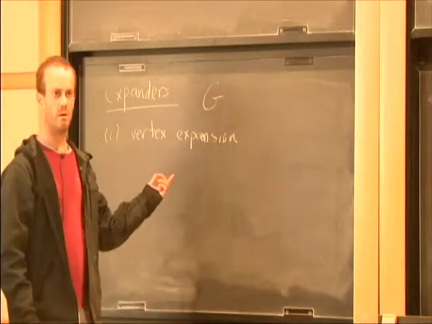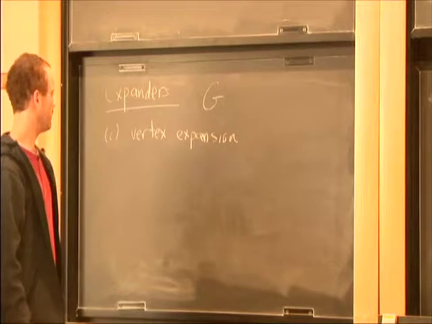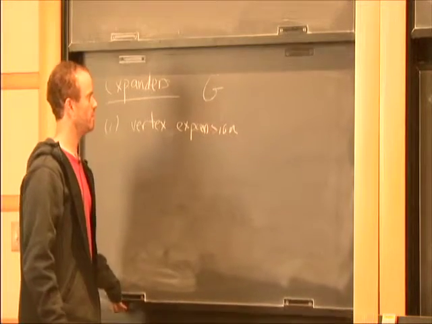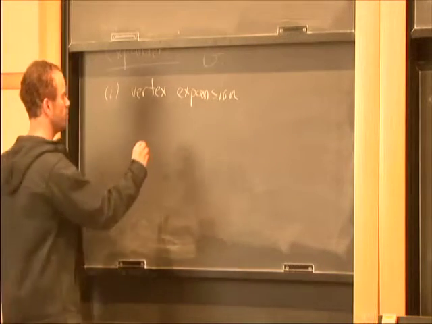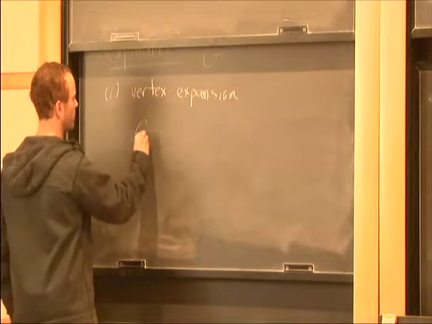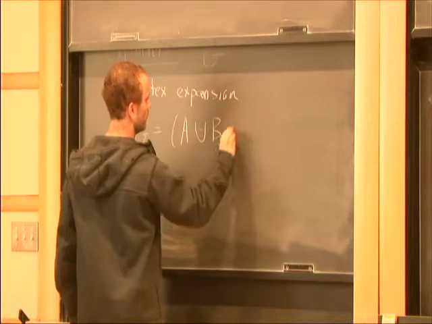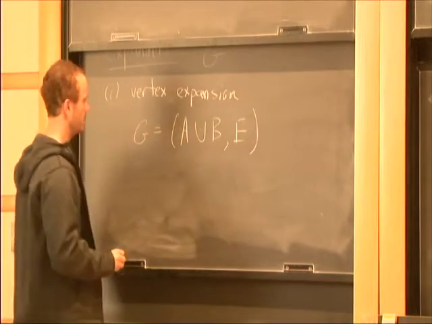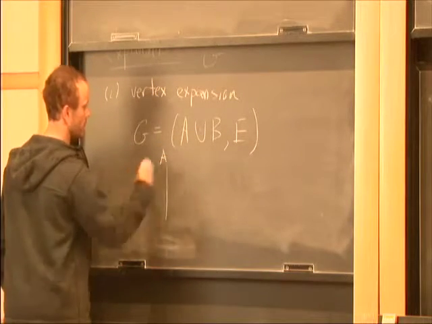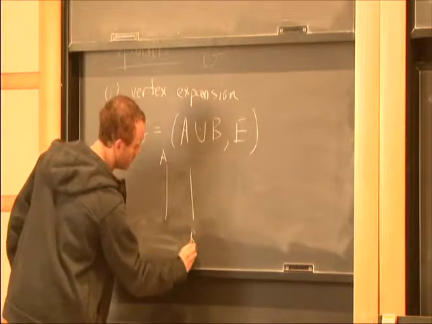I will explain what it is in the bipartite case. A vertex expander is a graph with 2 color classes, a bipartite graph. So we have some set A and some set B.